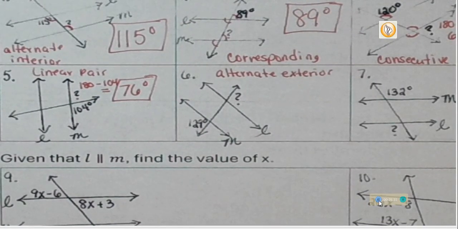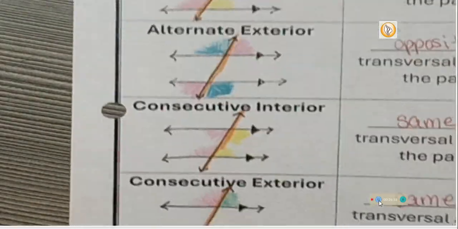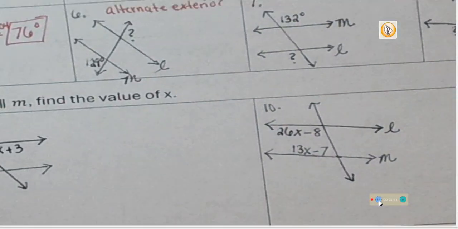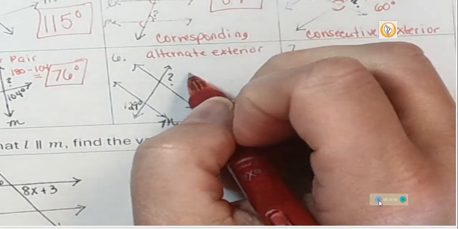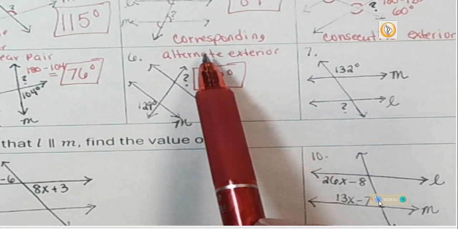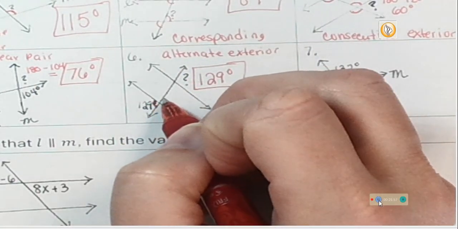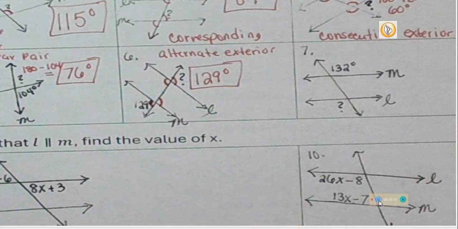What is the relationship? It's on the front of your paper. Alternate exterior will be congruent. So if they are congruent, and this is 129, what is this one? 129 degrees. Now, let's say you forget alternate exterior is congruent. If you start at 129 and you zigzag back and forth across that transversal, everything I just marked is 129, so you know it's 129.